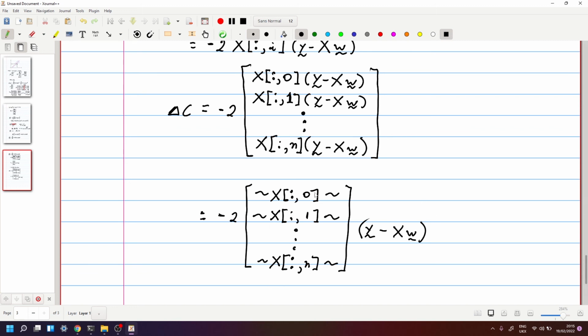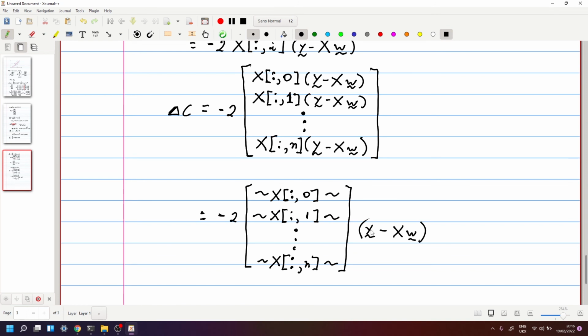And this particular matrix is interesting because I am taking essentially the 0th column here of x and turning it into a row, and doing the same for the first column, or the second column if you're starting from 1, and turning that into a row of this new matrix, and so on up to the last column.